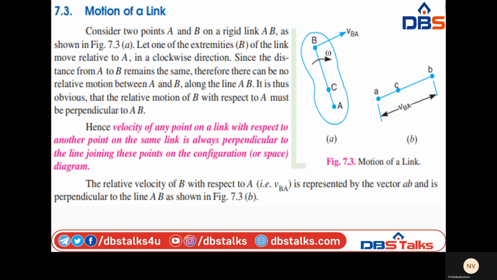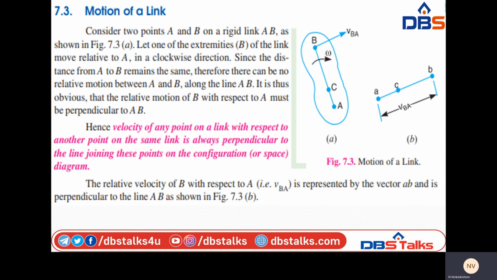And finally, the motion of the link. Consider the two points A and B on any rigid link in figure A. Let one of the extremes B of the link move relative to A in the clockwise direction.